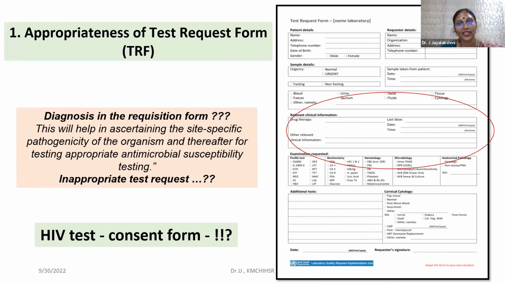And what I see many times as an assessor is that many of the consent forms would have a witness signature. I'm sure all of you know that HIV is a test which is very confidential. You don't have a witness.